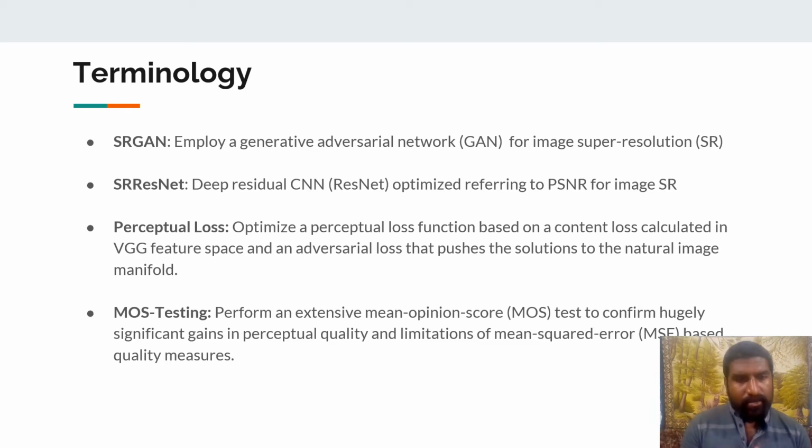There's also something called MOS testing, where MOS means mean opinion score, where the opinions of a group of individuals are considered and the mean is taken. The aim of MOS testing is to overcome the limitations of the MSE based quality measures, which is the mean square error based quality measures.